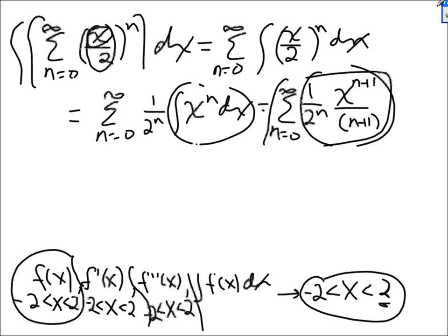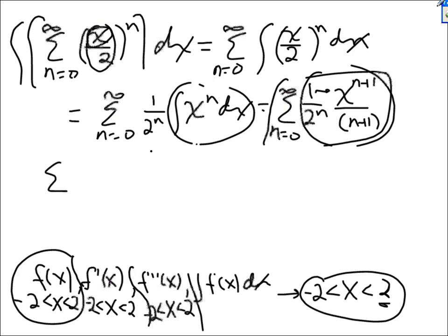Now, I want to rewrite it just a little bit differently. 1 times x to the n plus 1 is x to the n plus 1 over 2 to the n. I want to put that together. No, maybe you won't see to do that. Let's not do that. So we plug in 2 for x.